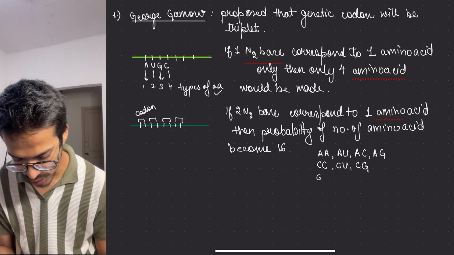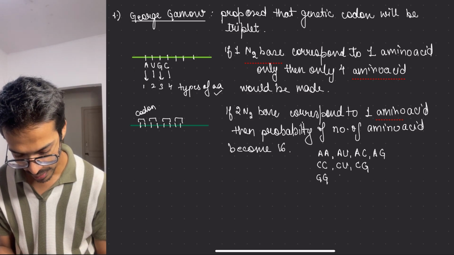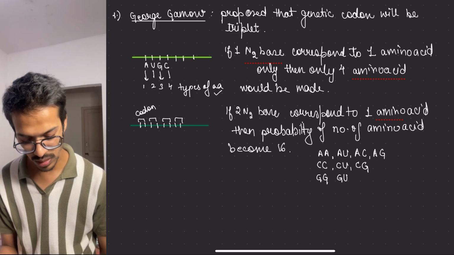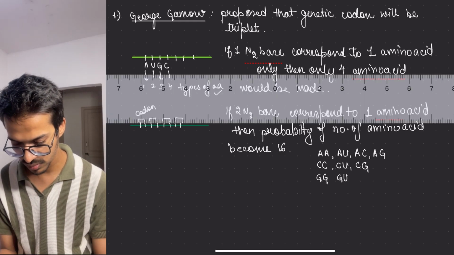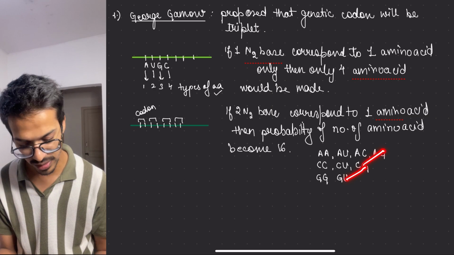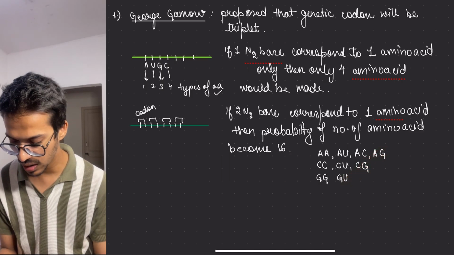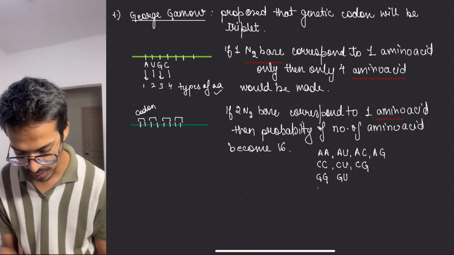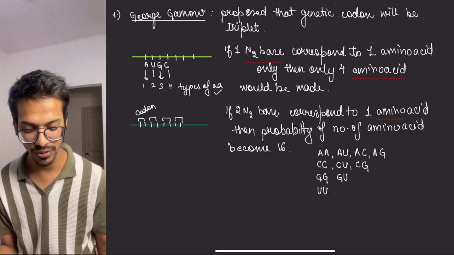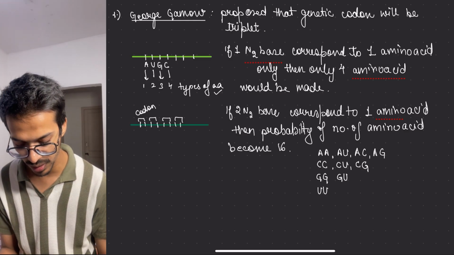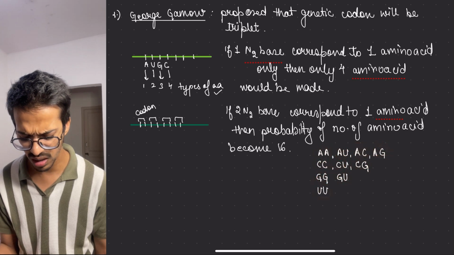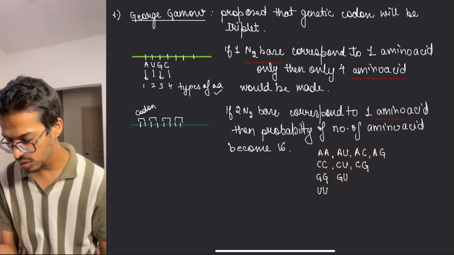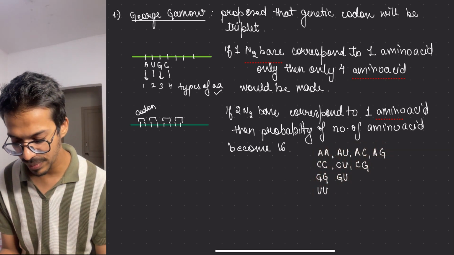Then comes GG and GU, which are already made. And the last option would be UU. If you see this, how many are being made? 1, 2, 3, 4, 5, 6, 7, 8, 9, 10. Only 10 combinations are coming.